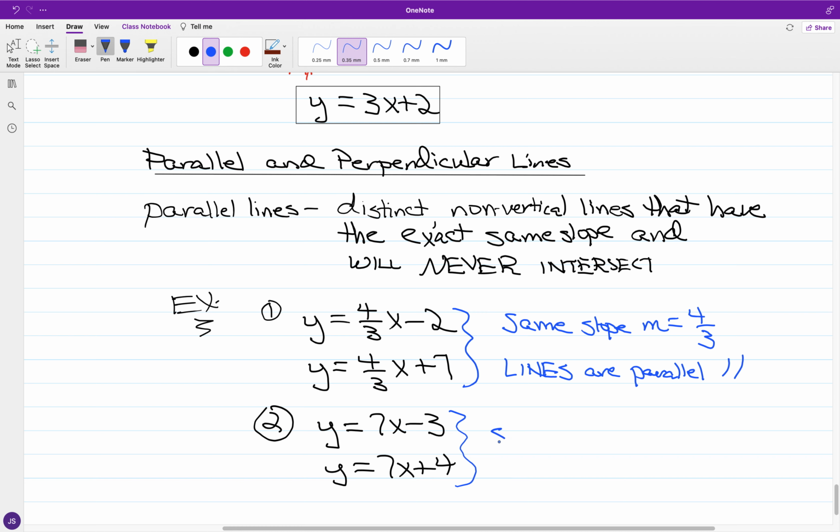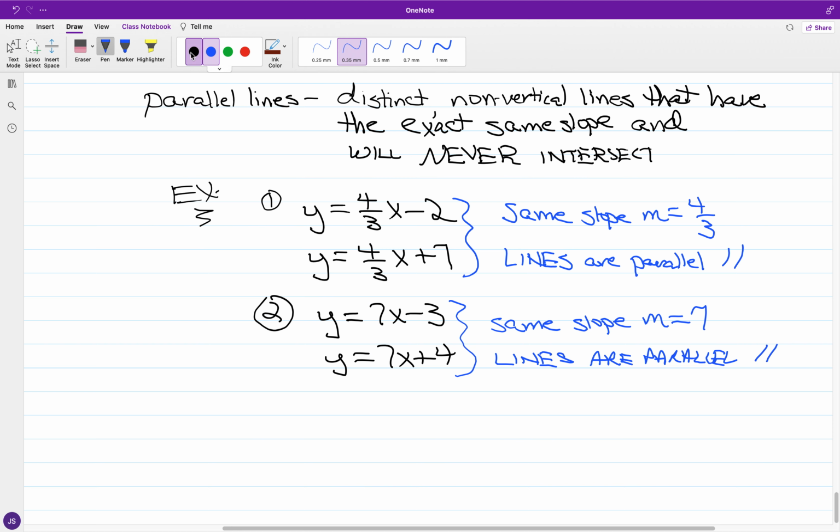Again, we have distinct lines, and both of these are given in slope-intercept form, so right away we can tell that we're going to have the same slope, which is 7. And again, the lines are going to be parallel to each other. We use shorthand notation, what looks like a sideways 11.